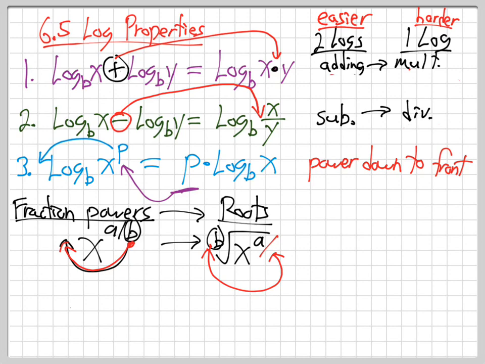You can have the number in the hook, called the index. This is the index of the root. Or you can swing it into the denominator. Here it is in the denominator. It's the same thing, just two different ways of saying the same thing. A fractional power or a root.